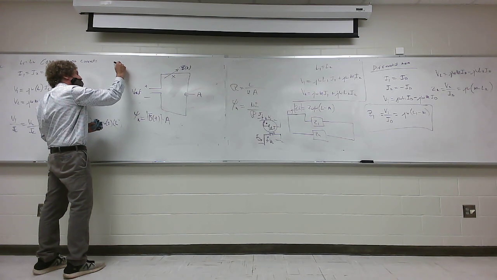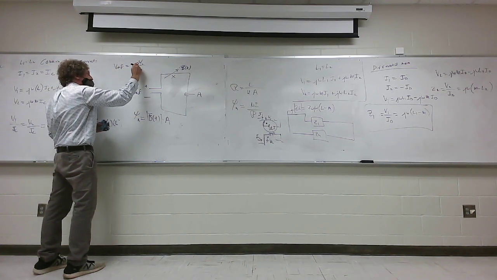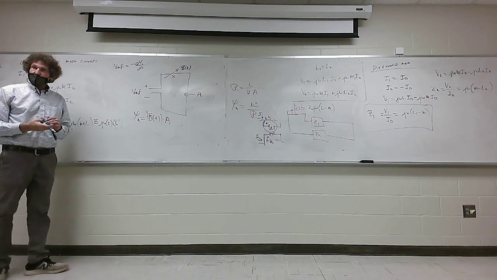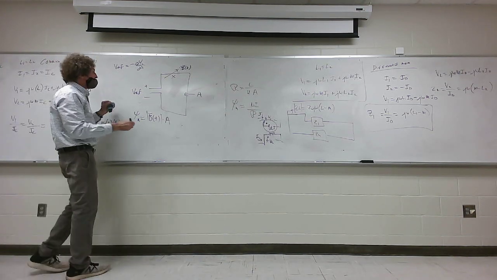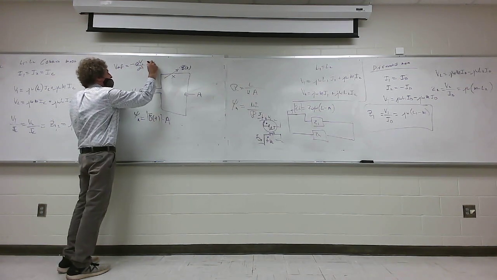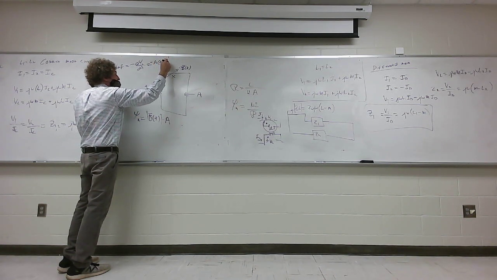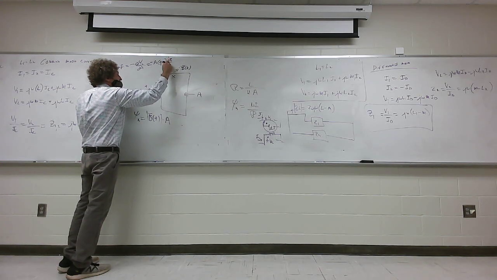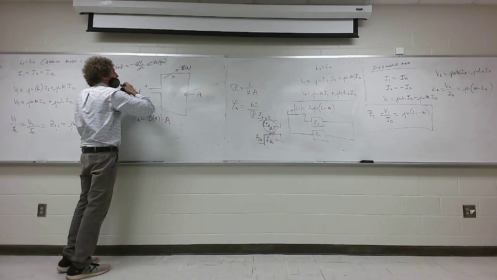Anybody? Minus the time derivative of the magnetic flux with respect to time. Y'all remember that? So if you take a time derivative of that, you're going to get the area, and if it's periodic, times minus J omega times the B field.